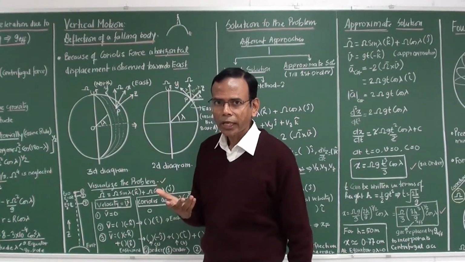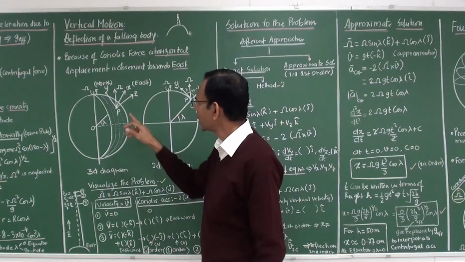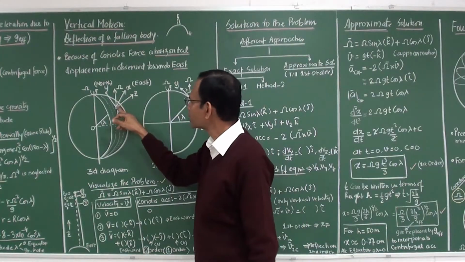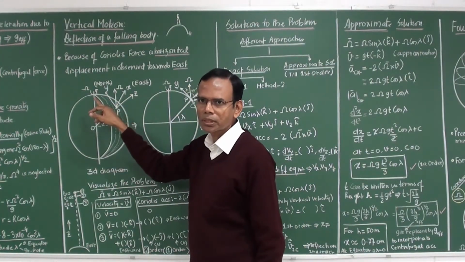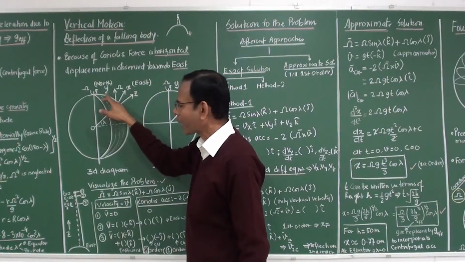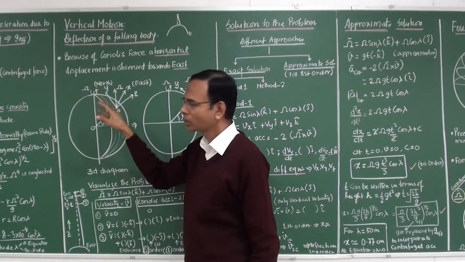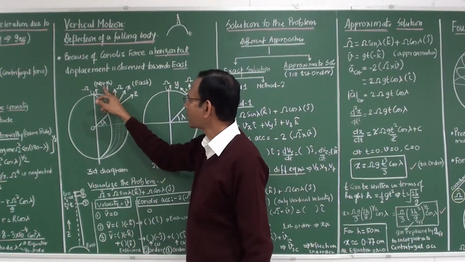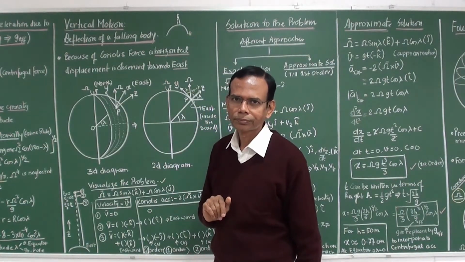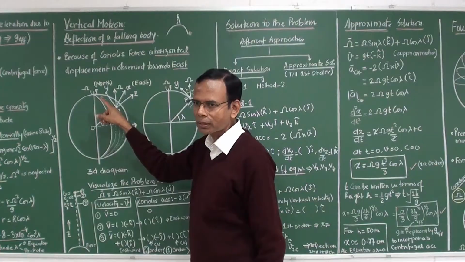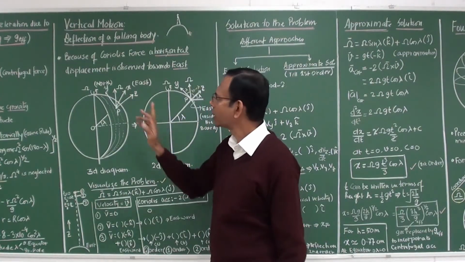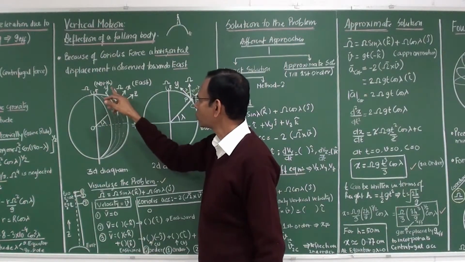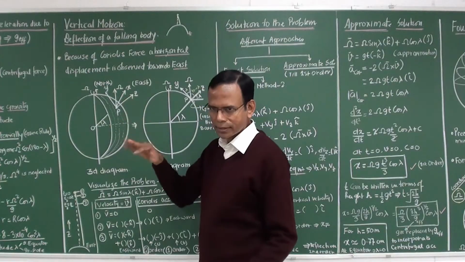Now, how do we find the directions north, south and so on? If a man is standing over here and he wants to go to the north pole, he has to walk along the surface towards the north pole. So if you put an axis parallel to the surface towards the north pole, that is your y-axis, and it is the direction north. The moment you define the y-axis and call it north, the other axes are defined.